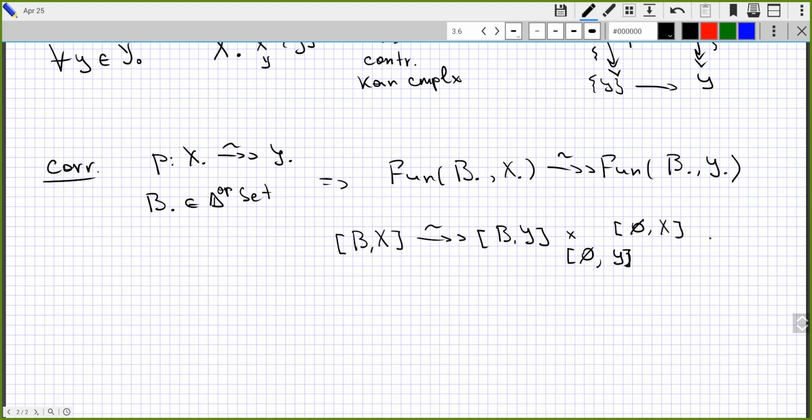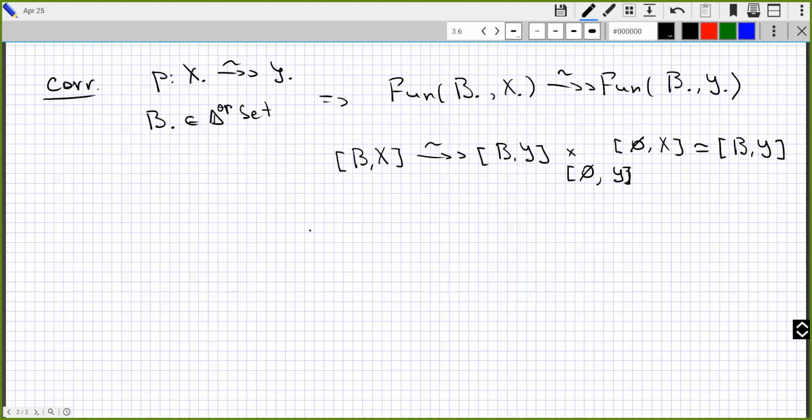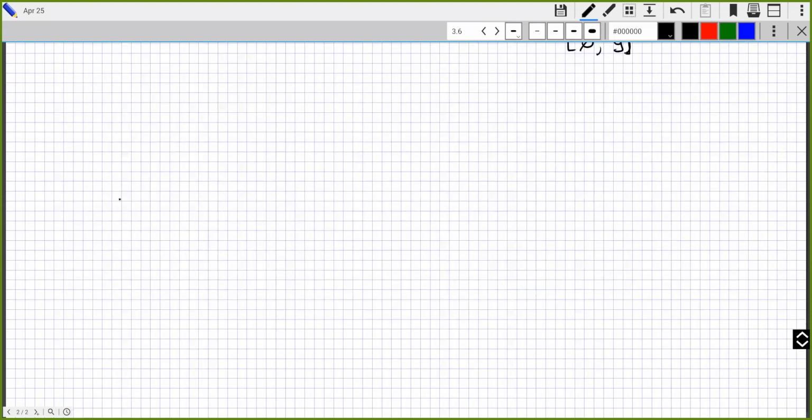You write all of this, and what you see is that this one is a point, this one is a point, and it is equal to the following thing, as desired.